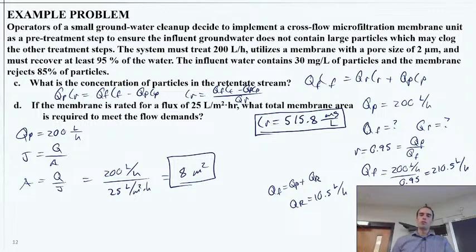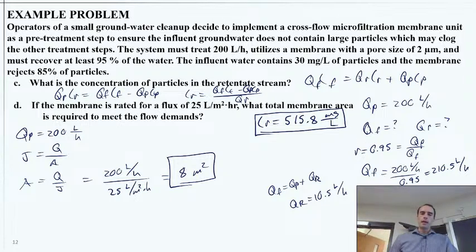So if we say 200 liters per hour is what's coming out of the membrane, so that's the permeate, well, we divide that by 0.95 to get what's fed to the membrane, and that's 210.5 liters per hour. So the difference between those two is going to give us the flow in the retentate, so 10.5 liters per hour in the retentate, which is approximately 5%.